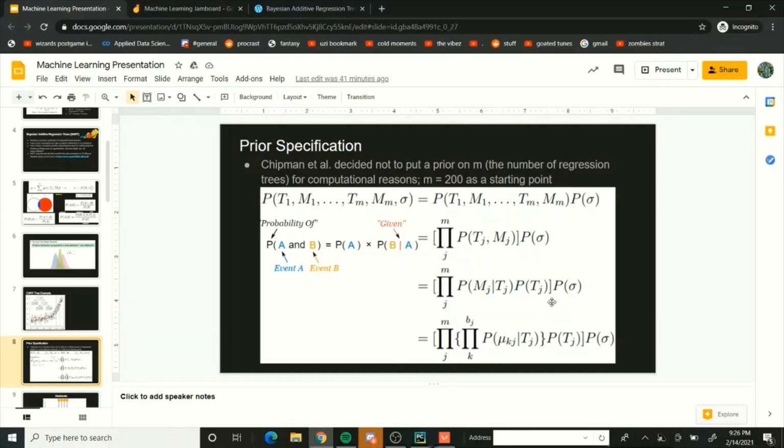And then, since M of J is just the set of all those gray boxes, we can simplify the prior for M of J given T of J to the product of all the priors of each gray box given the tree, and you multiply all those priors for each gray box. And this is the fully simplified form of how we find the prior for the BART.